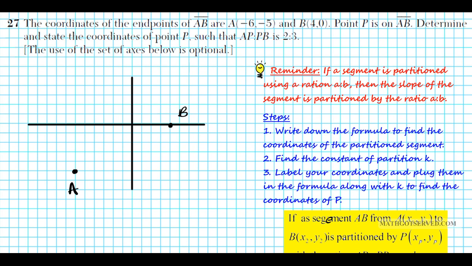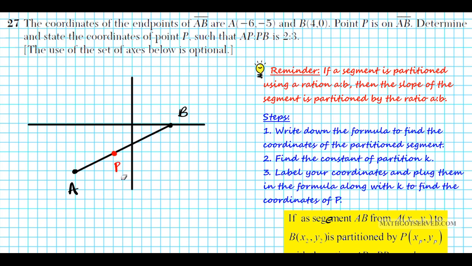Now, there is a point somewhere. We're partitioning it using this ratio 2 to 3. Okay? So let's pick the point somewhere, let's say here. That's point P.